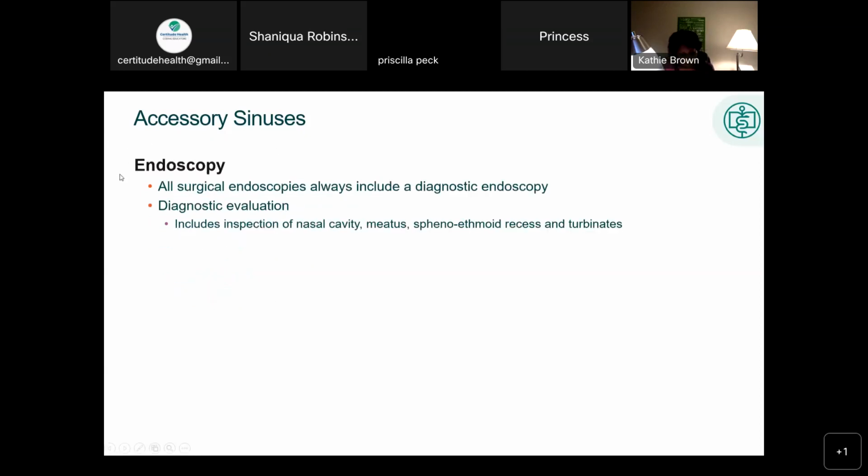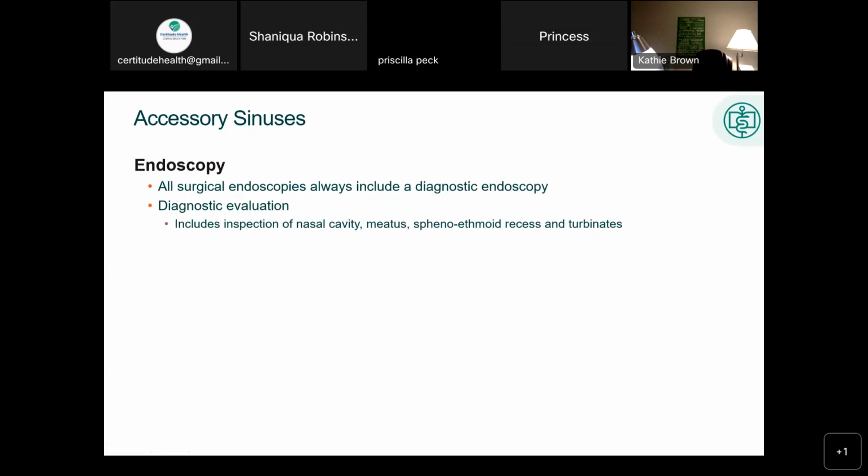Endoscopy procedures always include a diagnostic endoscopy, meaning they're going to do an endoscopic view to see what it looks like before they perform the surgery, to make sure they're targeting the procedure at the accurate site. Then they're going to use it for the purpose of the surgery to make sure they can see.